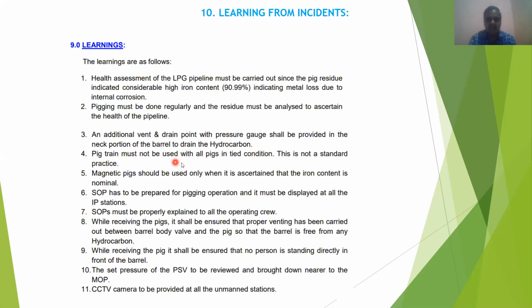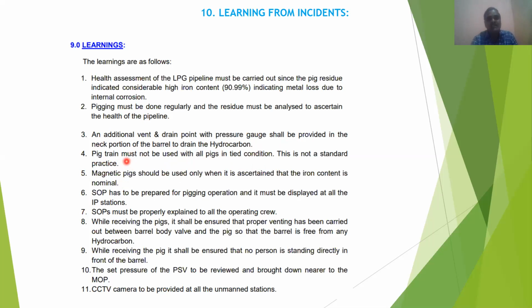Pig train must not be used with all pigs in tight condition. This is not a standard practice. So what we have to learn is pigs should not be used with fixed height condition. There should be a gap. That's why SOP is most important.